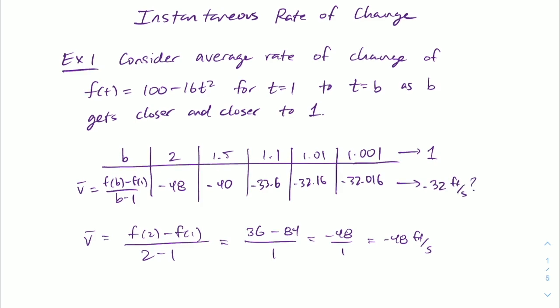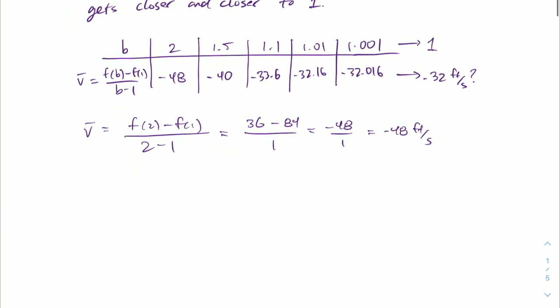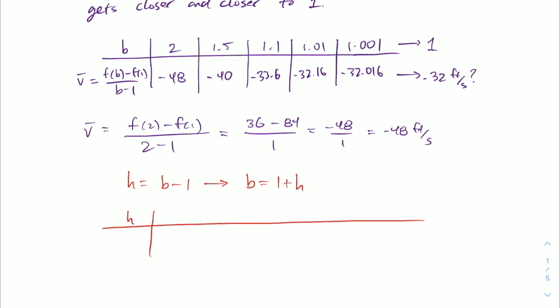Okay, now I want to reframe this table in a slightly different way. I want to introduce a new variable. We'll call it h, and h is going to be the difference between b and 1. If h is the difference between b and 1, then b is going to be 1 plus h. So I want to take this first row of the table and rewrite it in terms of h. h is 1 less than all the b entries, so it's going to be 1, 0.5, 0.1, 0.01, and 0.001.